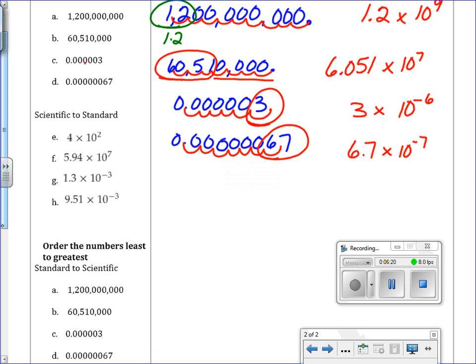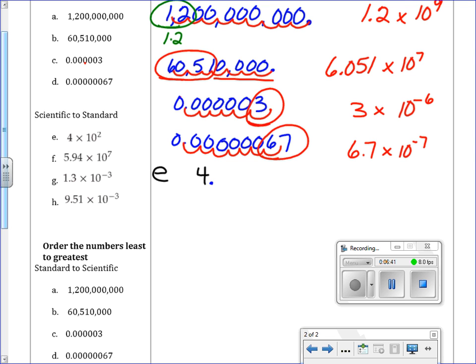The next part that we have is we have numbers that are in scientific notation, and we want to move them into standard form. So for letter E, I have 4 times 10 to the 2nd. Here's my decimal for 4.